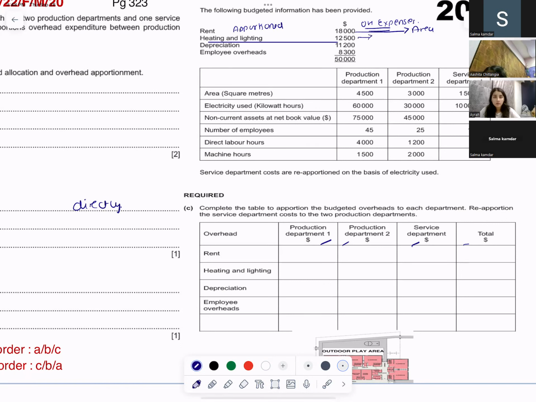Heating and lighting would be apportioned based on the kilowatt, electricity used. Depreciation will be apportioned on what basis? Non-current assets net book value. And employees overhead would be apportioned on the basis of number of employees.